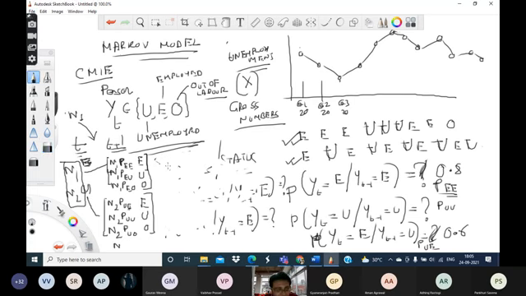N1 and N2 are the number of employed and unemployed people in time T. Now that number has changed like this, plus N2 times P of UE. This is the new number of employed people, and the new number of unemployed people is as follows, right?